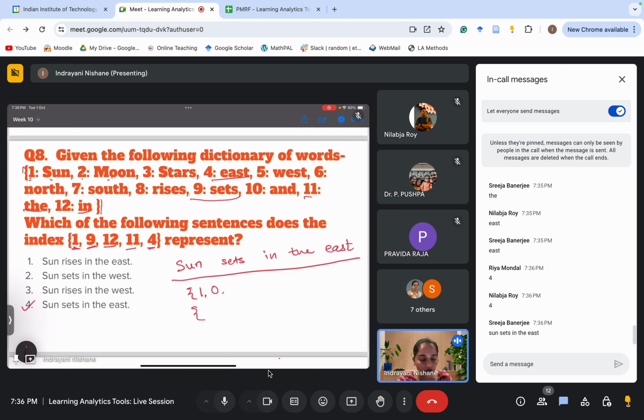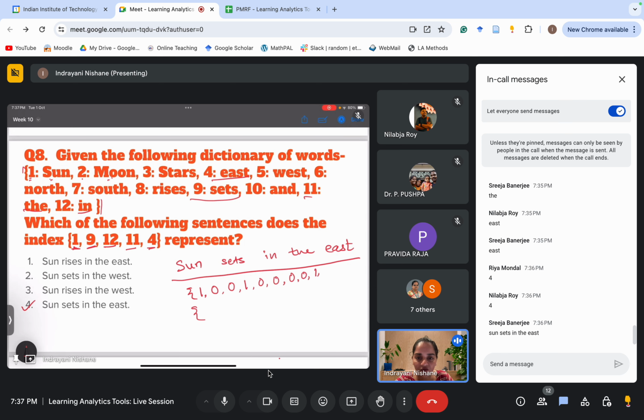Third is stars, absent, so 0. Fourth is east, which is present, so 1. Fifth is west, absent, so 0. Sixth is north, absent, so 0. South is absent, so 0. Eighth is rises, absent, so 0. Sets, the 9th word, is present, so here it will be 1.